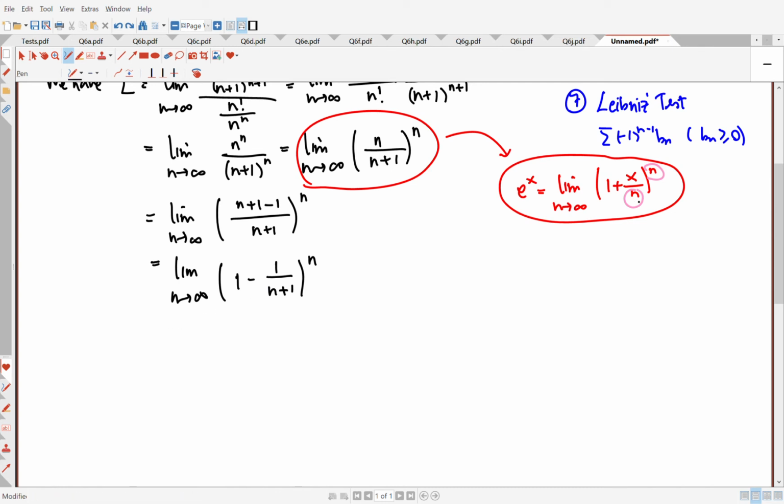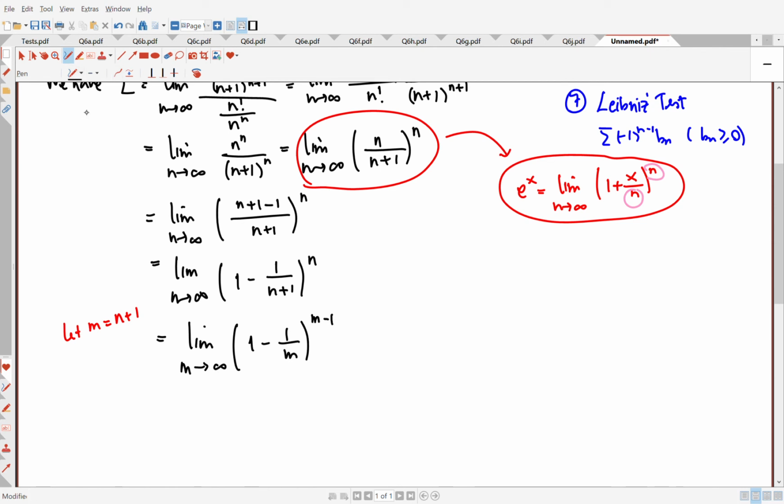First of all, I make this substitution. Let's say m is equal to n plus 1. So I will have the limit as m tends to infinity, because if n tends to infinity, m will tend to infinity. This will be (1 minus 1 over m) power m minus 1.